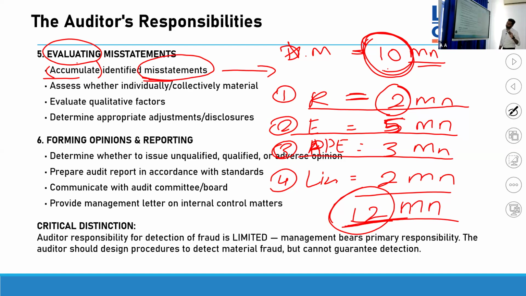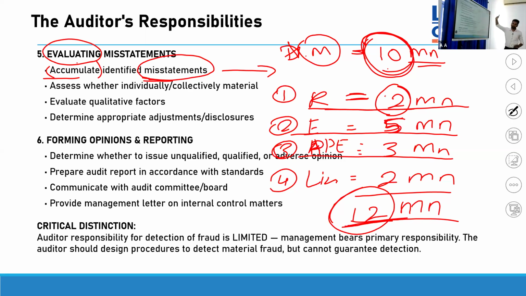For the time being, just keep in mind there is a concept called materiality, but the broad explanation will be given in a separate chapter, right? So let's assume we have determined our materiality is 10 million, right? When we are looking at these misstatements individually, those are immaterial, no?